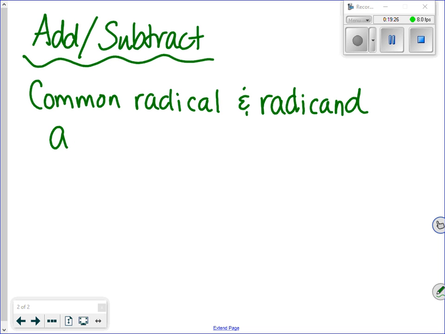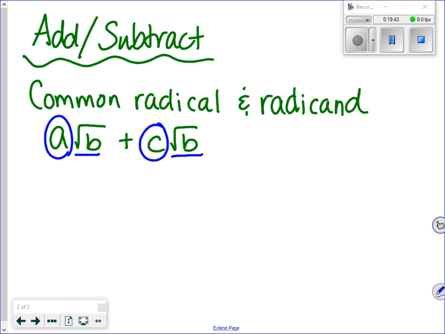So a square roots of b plus c square roots of b can be added because they both have a square root and they're both the square root of b. Does that make sense? Okay, and so then to add, you only add just like you would with fractions. With fractions, when you get a common denominator, do you add the denominators? No, you just add the numerators, right?